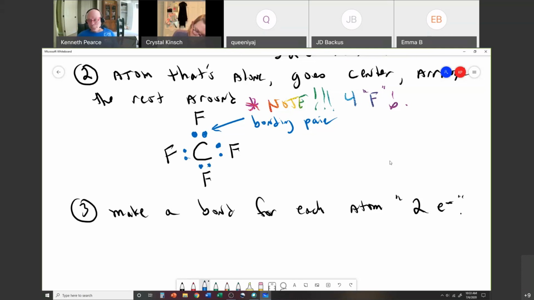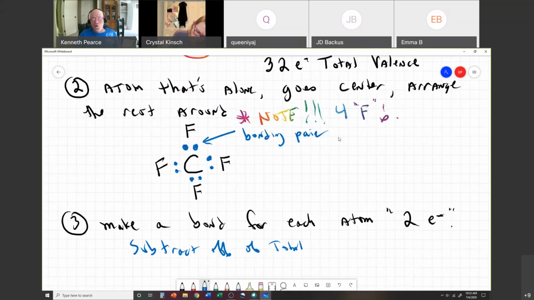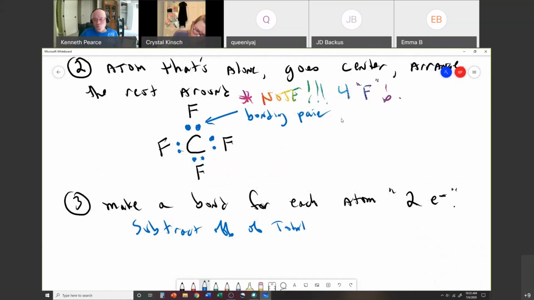And we're going to subtract off of total. Now, what's the total? Well, the total we started out with was 32 electrons. So we have 32 electrons total, which I just copied down here.